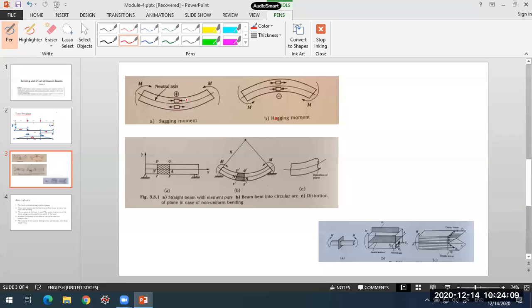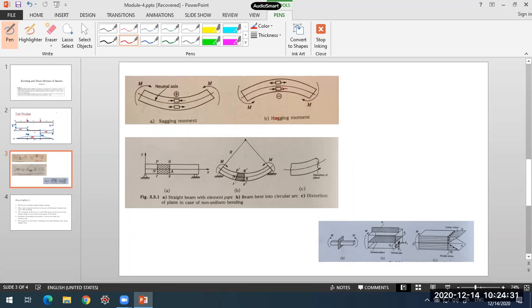So this is how bending induces stresses in a beam. This is in case of sagging moment. If you take a beam which is subjected to hogging moment, there the top portion of the beam will be elongated, whereas the bottom portion is being compressed.